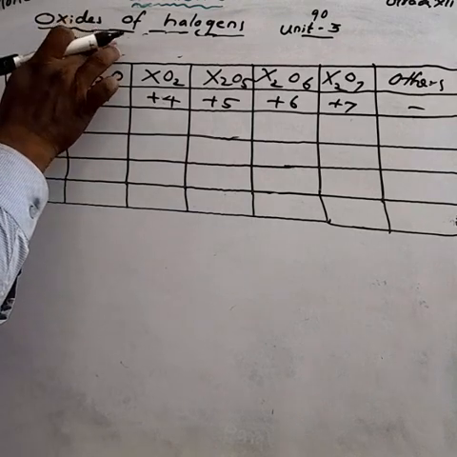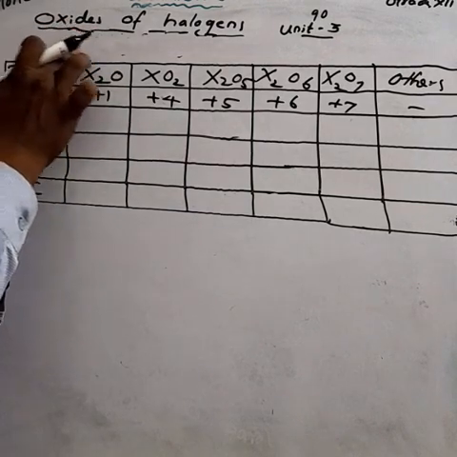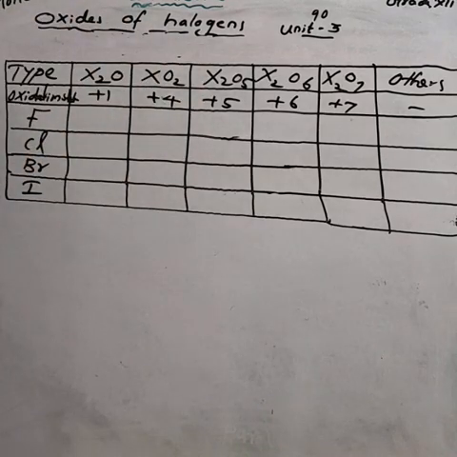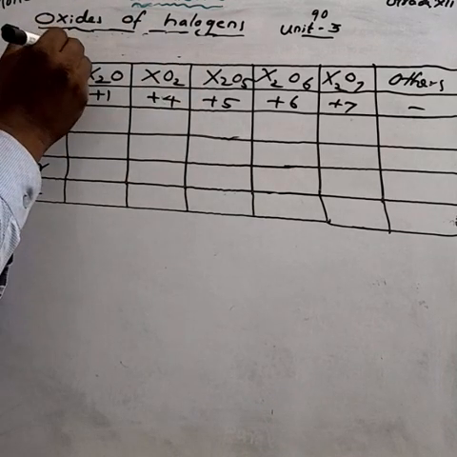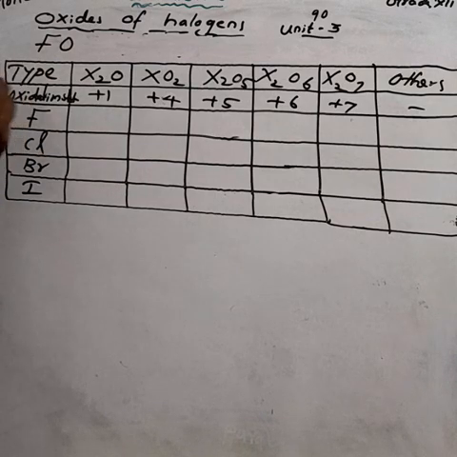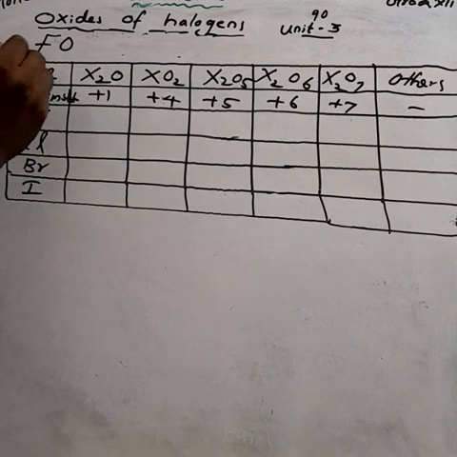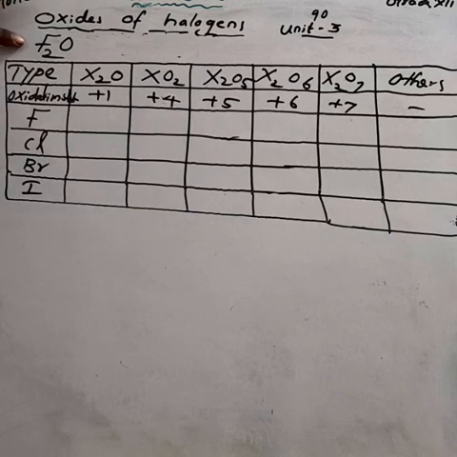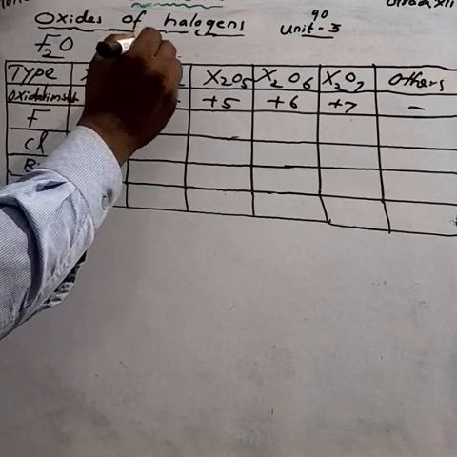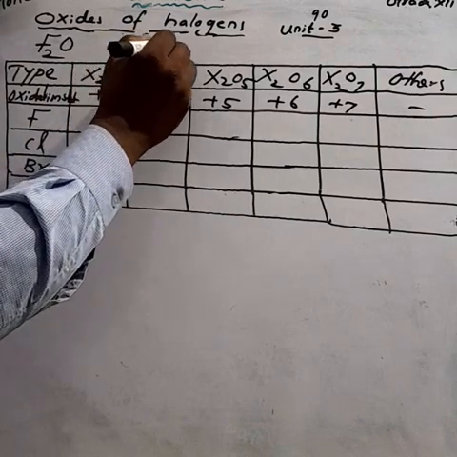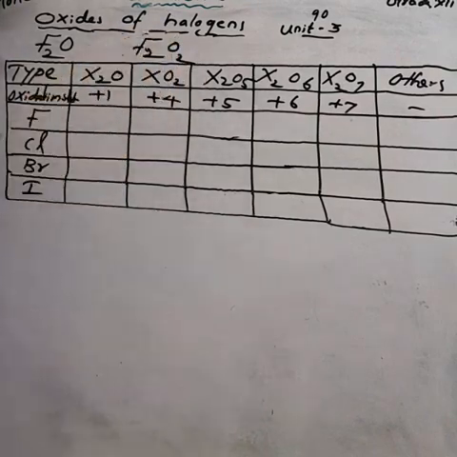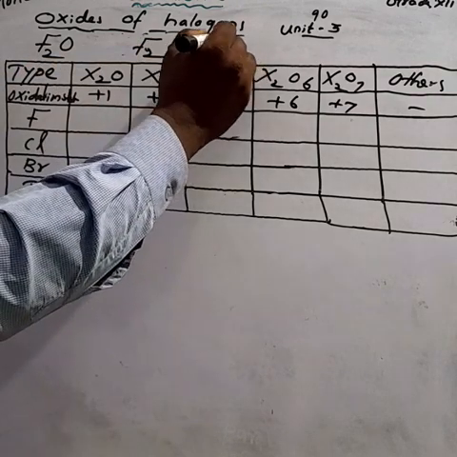Fluorine reacts readily with oxygen to form difluorine oxide, formula F2O, and also difluorine dioxide, that is F2O2, where it has a -1 oxidation state. All of you know that one, -1 oxidation state.